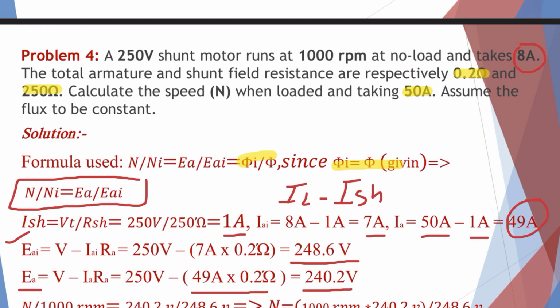It will be 240.2 volts. Now we can find the speed: N over 1000 revolutions per minute equals 240.2 volts over 248.6 volts. So just make a cross multiplication. The new speed will equal 966.1 revolutions per minute.